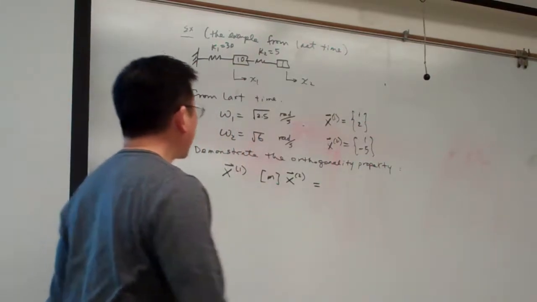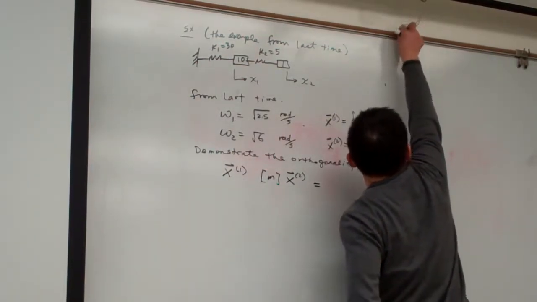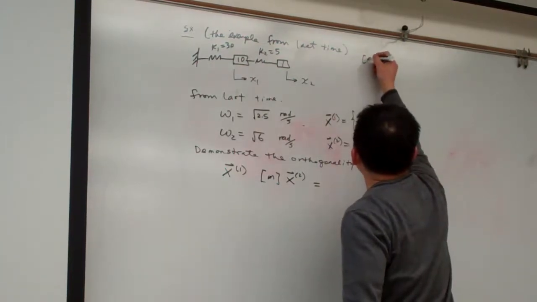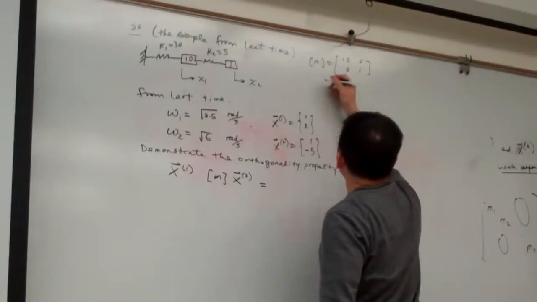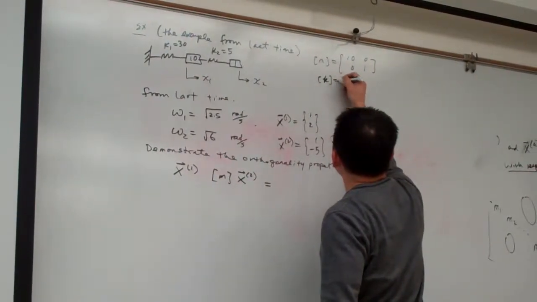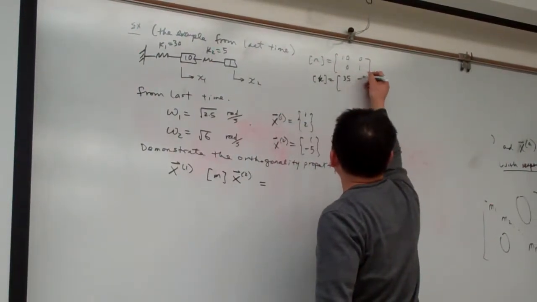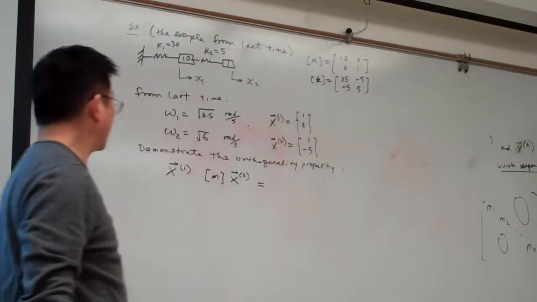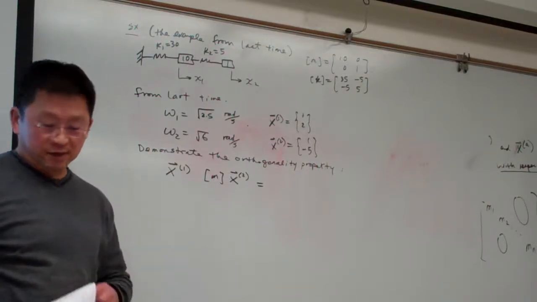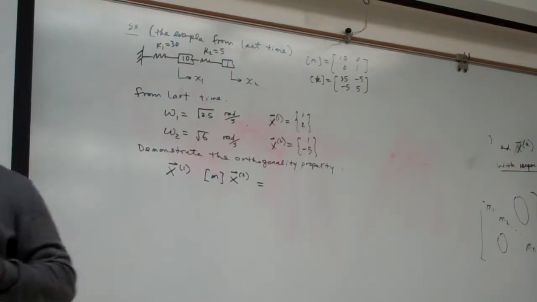I need to give the M matrix. For our example, the M matrix equals 10, 0, 0, 1, and our K matrix equals 35, minus 5, minus 5, 5. Let's exercise here.